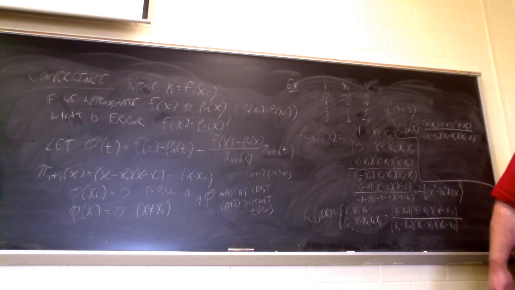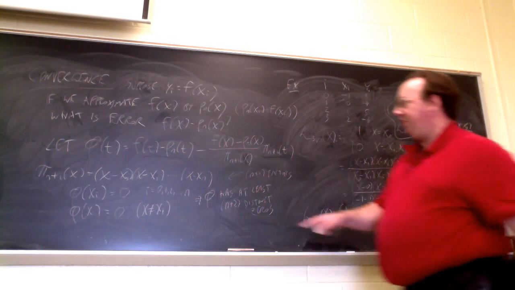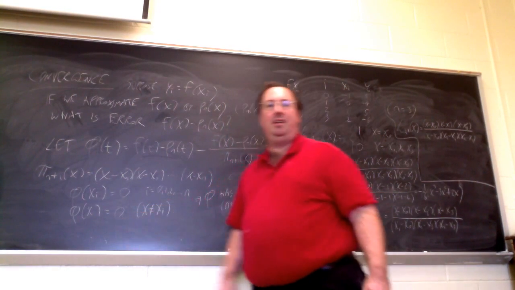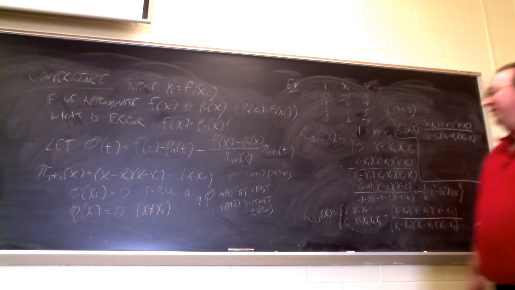This is where I recall something from Calculus 1 that I'm hoping at least somebody in this room remembers. How does n plus 2 come? Well, we have n plus 1 of these points, and then this one.